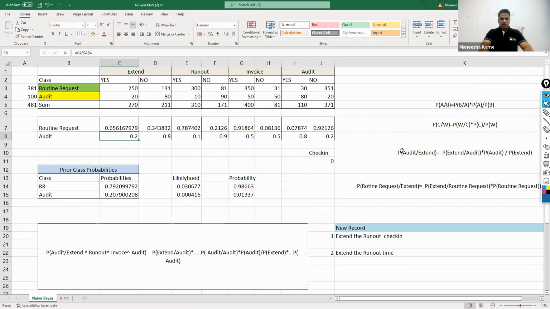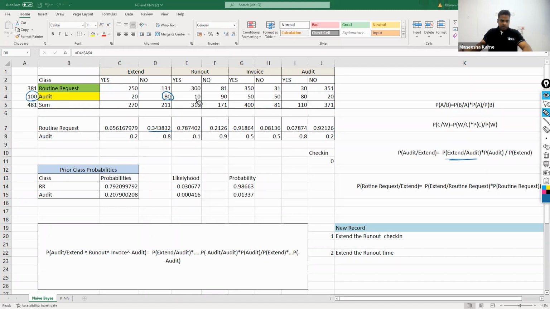What is the probability that the request belongs to audit given that it does not have the word extend? Okay, sorry, this one. What is the probability that you do not have the word extend, given that it is an audit request? It will be 80 by 100.